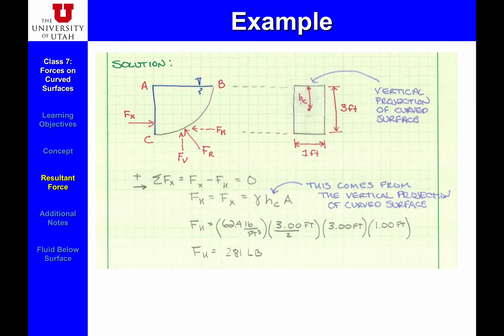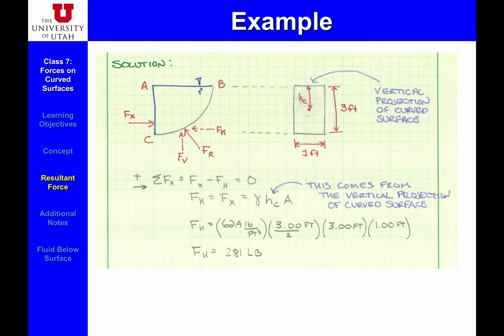And then we can rearrange and say that FH, the horizontal force, is equal to FX. And we calculate FX using the specific weight of the fluid times the distance to the centroid, and that's the distance to the centroid on that vertical projection of the curved surface, and then the cross-section area of that vertical projection of the curved surface.